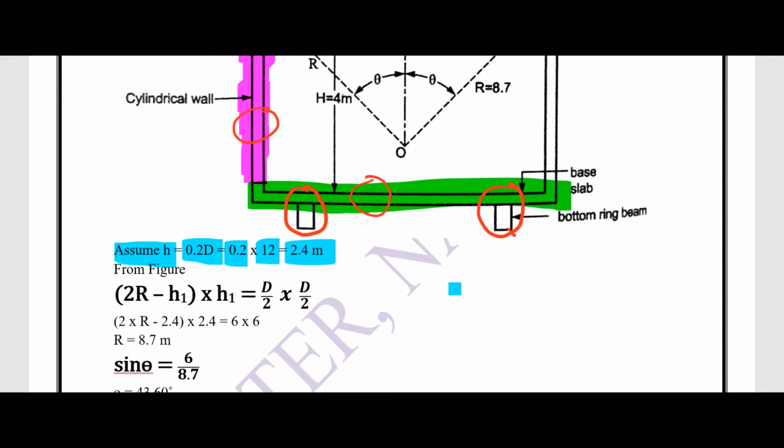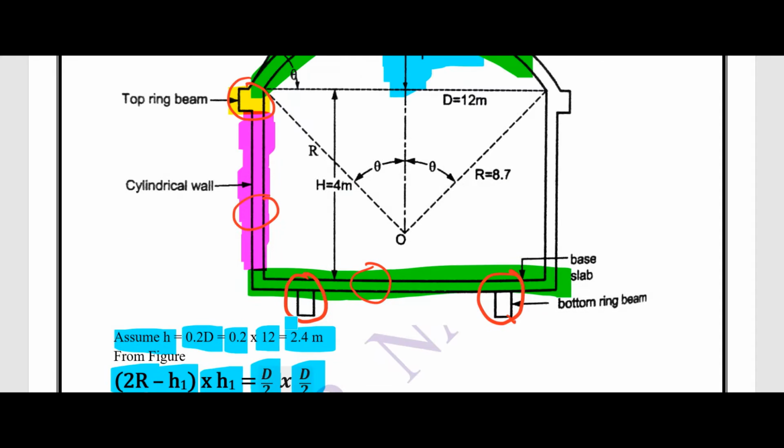Now from the figure we can describe this equation: twice R minus small h into small h is equal to D by 2 into D by 2. These are the equations for the dome.